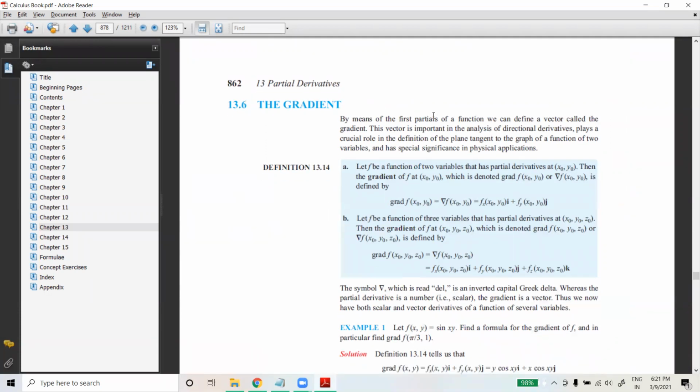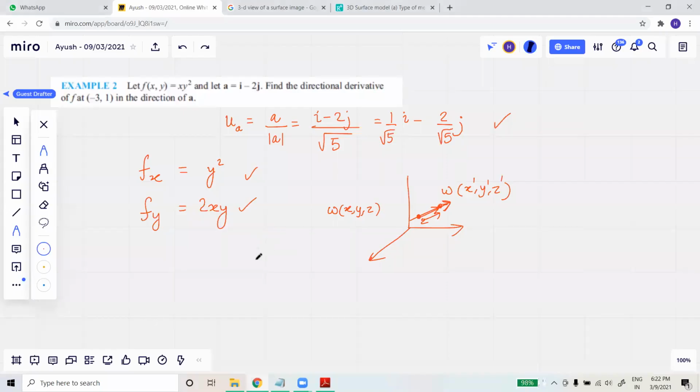By means of the first partials of a function, we can define a vector called the gradient. This vector is important in the analysis of directional derivatives, and plays a crucial role in the definition of the tangent plane.